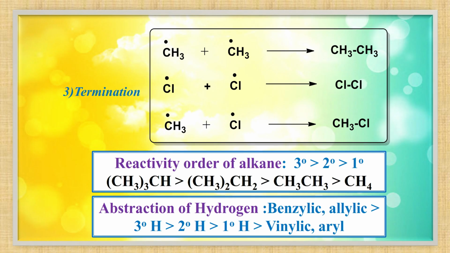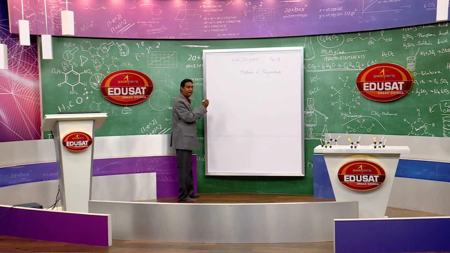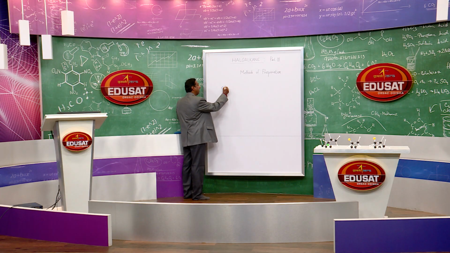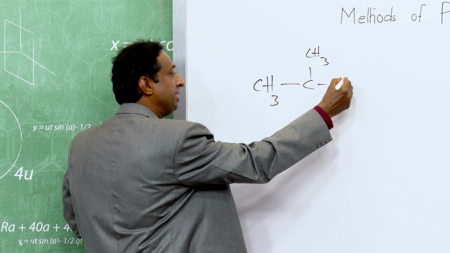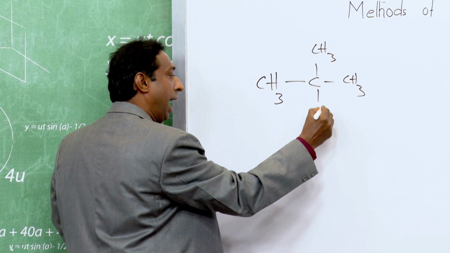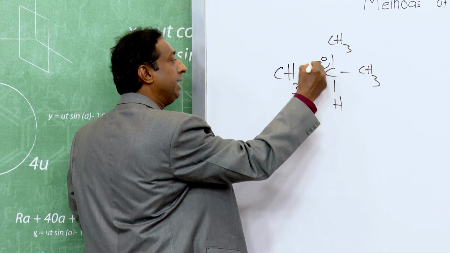For example, 3 degree carbon means this one. Look at this one. For example, you have an alkane CH3 single bond C, then CH3, then CH3, and you have a hydrogen atom here. This carbon is called 3 degree carbon.